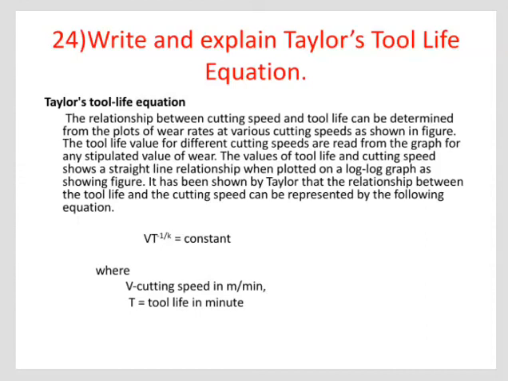For any value of wear, the value of the tool life and cutting speed shows a straight line relationship when plotted on a log graph, and it has been shown by Taylor that the relationship between tool life and cutting speed can be represented by the following equation: V into T raised to 1 by K is equal to constant, where V is the cutting speed in meter per minute and T is the tool life in minute.